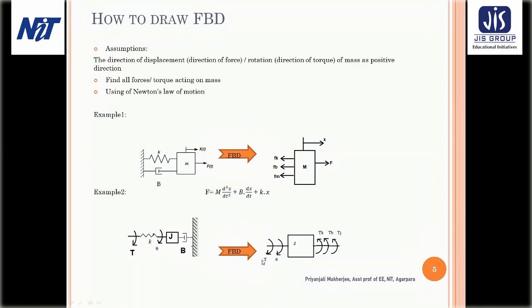So total T is equal to J d²θ/dt² plus b dθ/dt plus kθ. This is the torque of J, this b dθ/dt is the torque of b, and kθ is the torque of k.